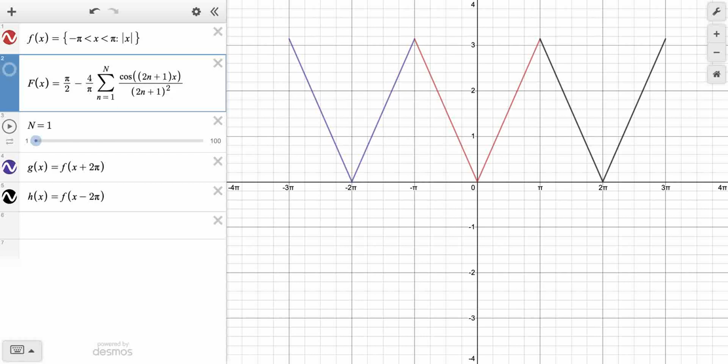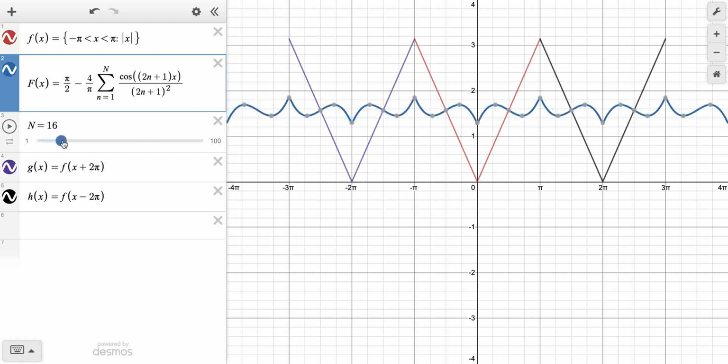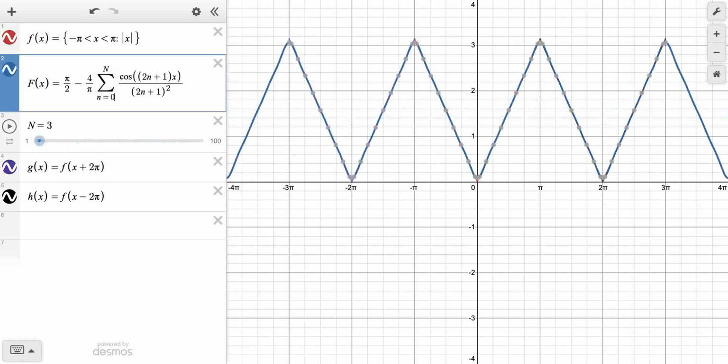Okay, and this is for n equal to 1. It seems far from my function, but let's see what's happening. Okay, something is wrong here. Sorry, so it's pi over 2 minus 4 over pi, the summation from n equals 0 to infinity. Good. Okay. See, it's already very close.